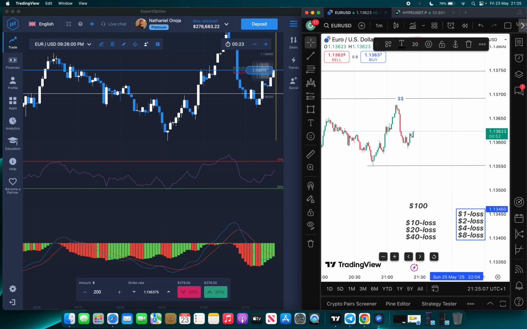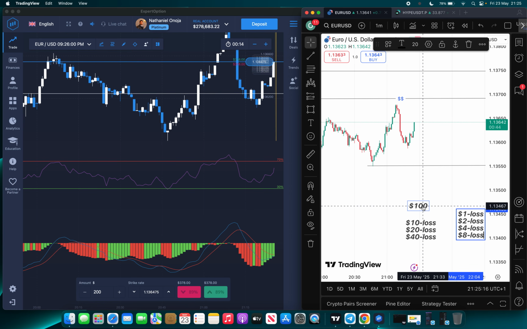But if you lose this, your account is still not at risk, because this is $15. 15 out of your 100, you still have 85. Trust me, you can recover that 85 the next day.